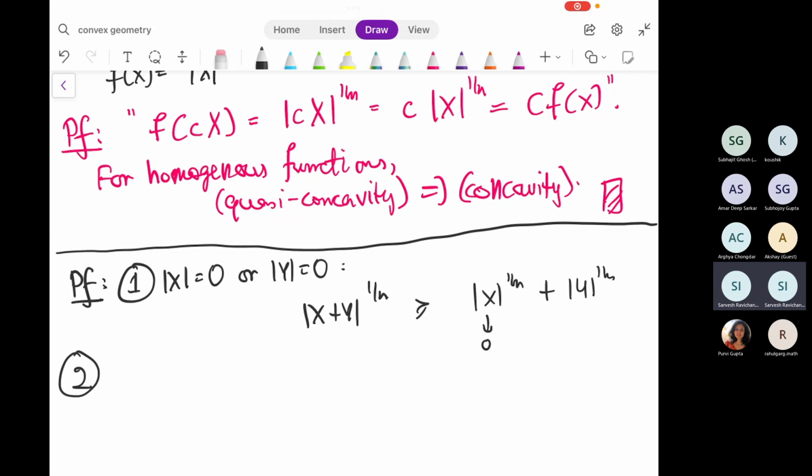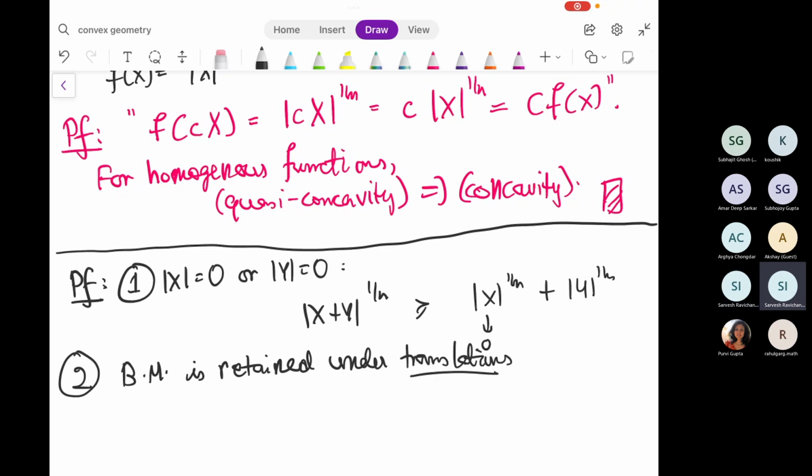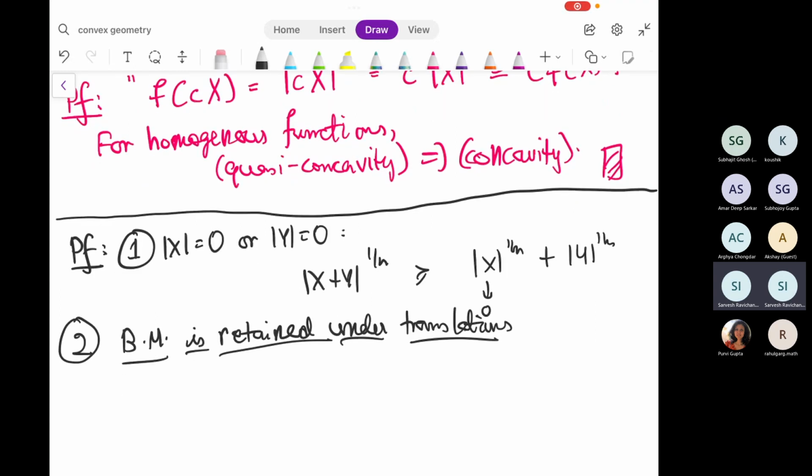Now, what's the second point? What happens when you translate x or y? Well, when you translate x or y, the Brunn Minkowski inequality is retained under translations. And the reason for that is that identity which I told you about, that if you take v plus x plus y, then it's just v plus x plus y.